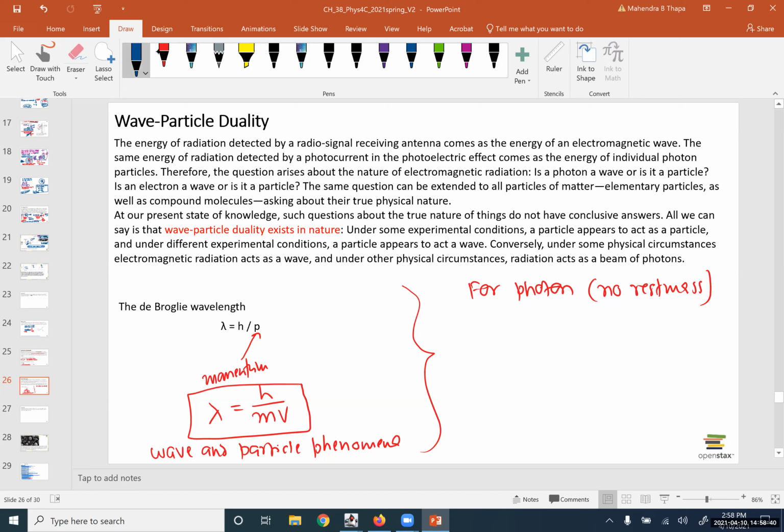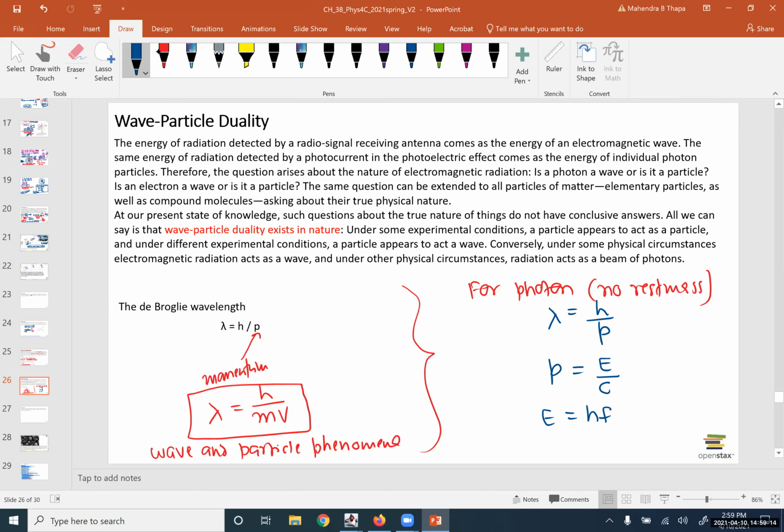For the photon, lambda equals h over p, which can be written as p equals energy over c, and energy equals h times f.